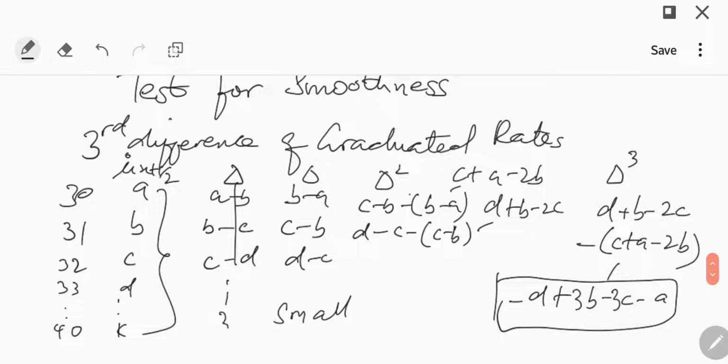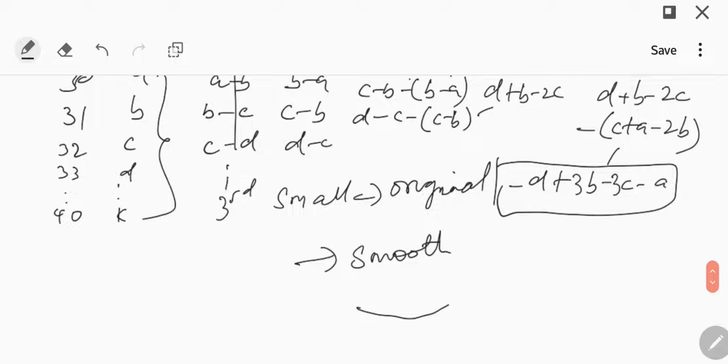At the same time, the third differences should progress regularly with age. As age is increasing, you see that the third difference is also increasing.